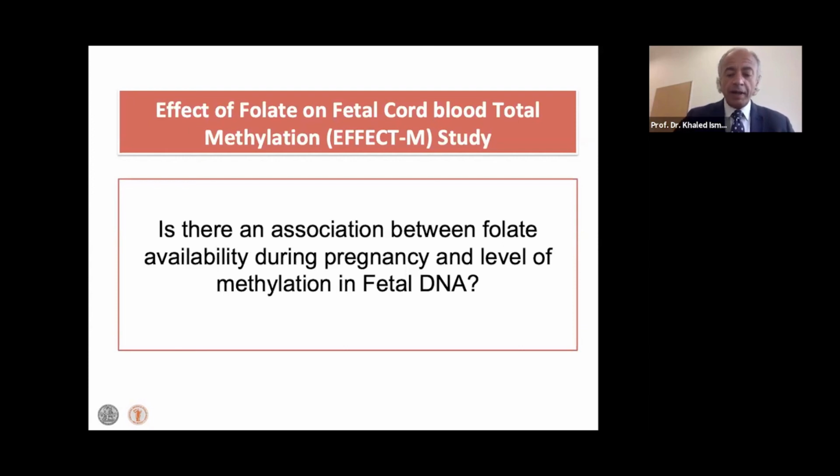So we took maternal samples, cord blood samples after delivery, and in these cord samples, we looked at the fetal level of DNA methylation in the cord blood, which represents what's happening to the fetus, as well as the folic acid level in that.